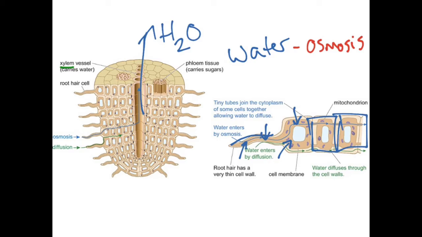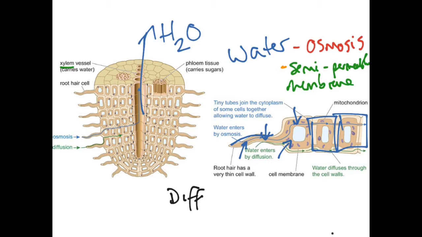So water can travel through osmosis. Remember, osmosis is the movement of water from a high water potential to a low water potential across a semi-permeable membrane. However, water can also diffuse.